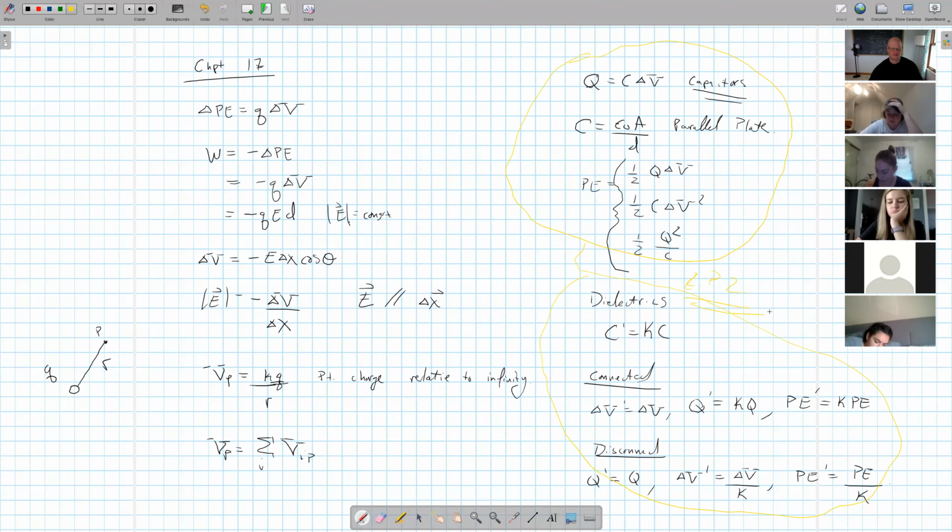Okay. One thing I should mention is this will also find its way into long problem number 1. So basically a relationship between the electric field and the potential. So kind of like what we were doing today towards the end there. Okay.